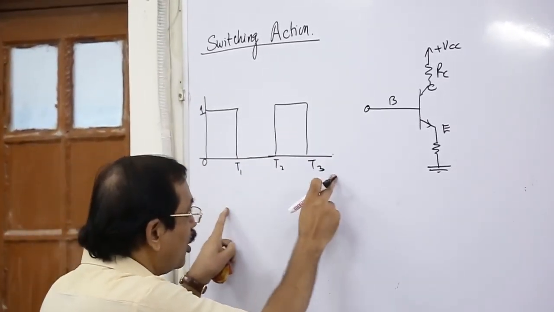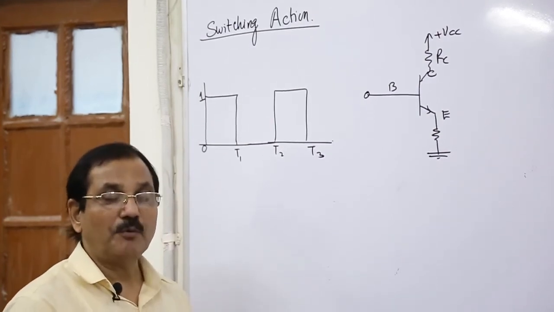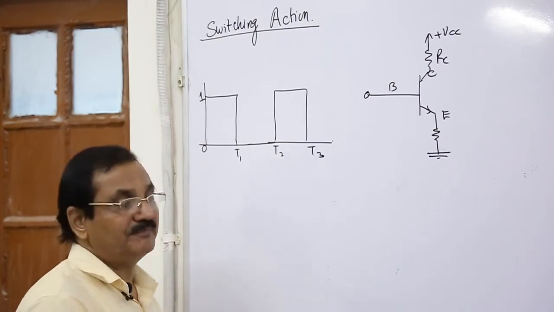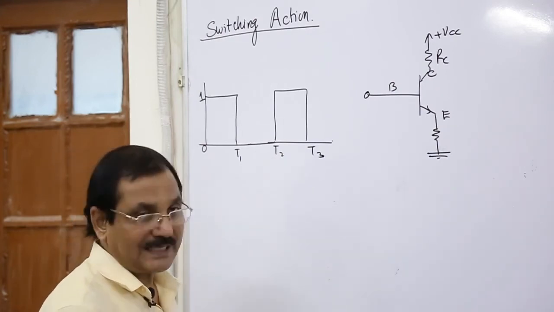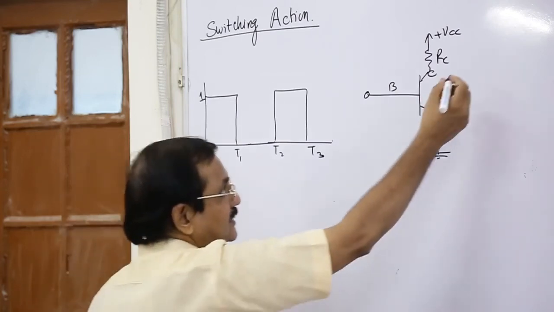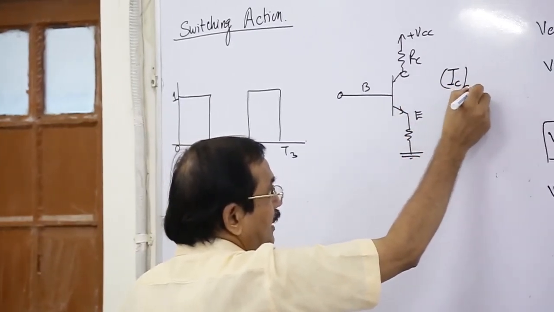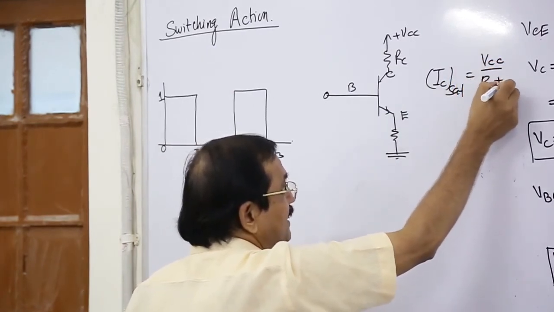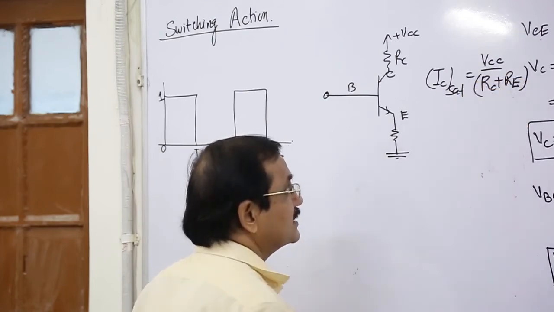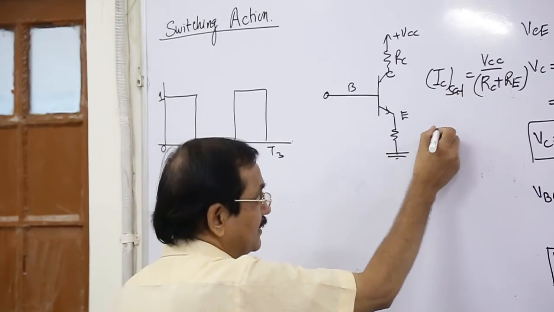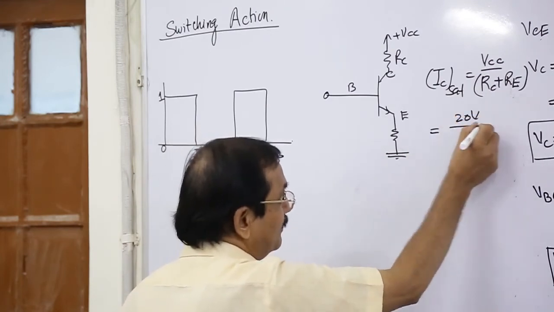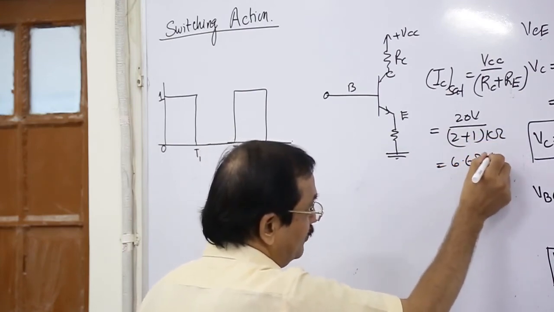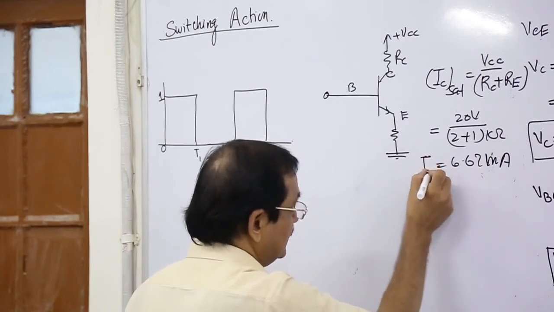If we operate from 0 to maximum value, that is the saturated current, I sat. So, this I sat is nothing but VCC upon RC plus RE. In this case that is 20 volt upon 2 plus 1 kilo ohm. So, this is 6.67 milliampere, this is IC.